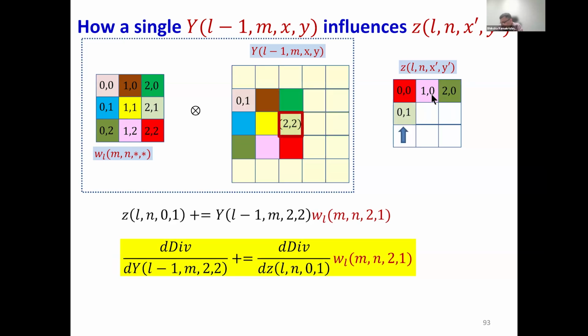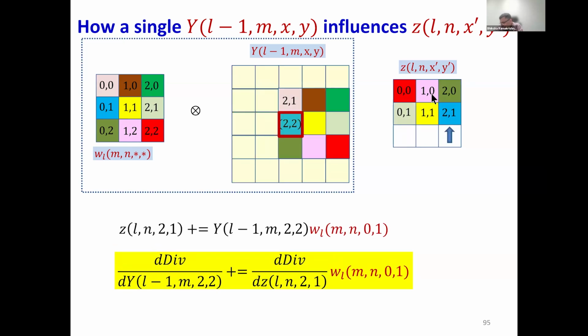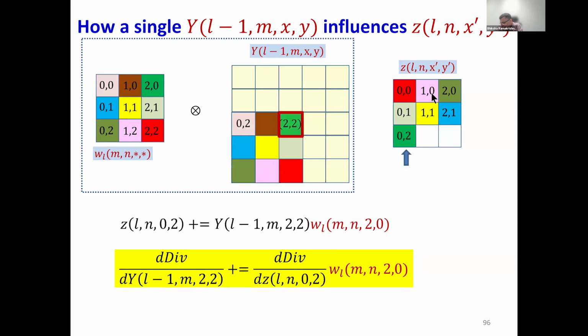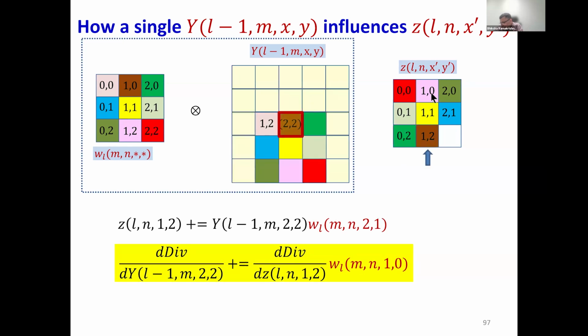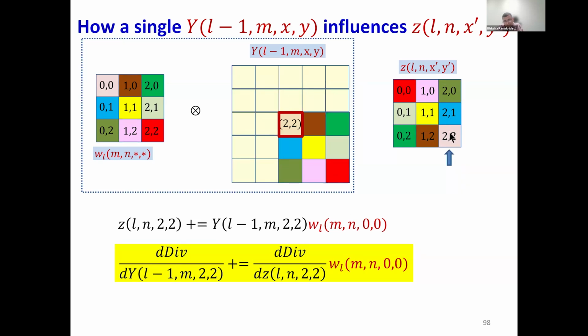And so as you go forward, what you find is that here, when I'm computing the contribution of y22 to every one of these Z elements, here is the pattern of weights that was applied.